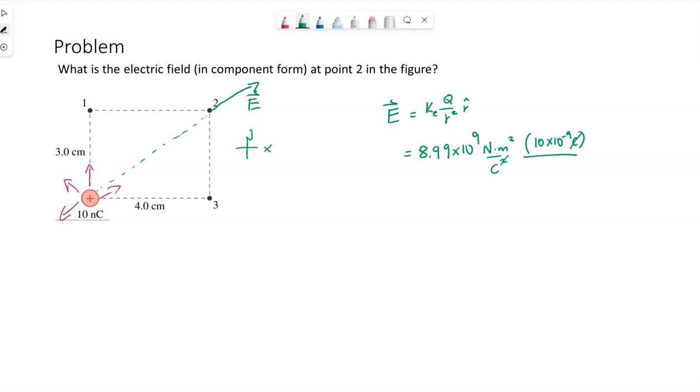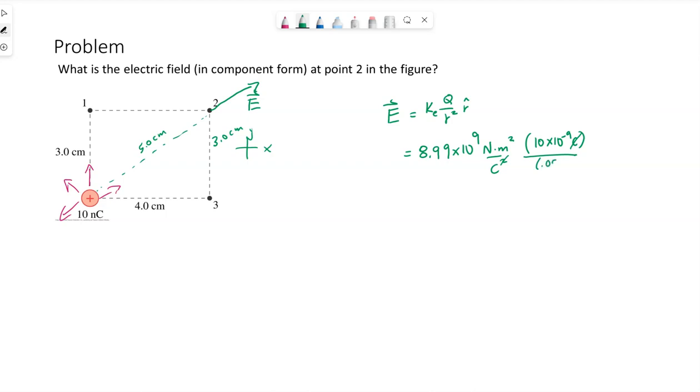R is the straight line distance between the charge and the point where we want to find the electric field. From the dimensions of this rectangle they've given us, 3, 4, this would be 5 centimeters. If you don't happen to remember that, you can totally do the Pythagorean theorem to solve for it.